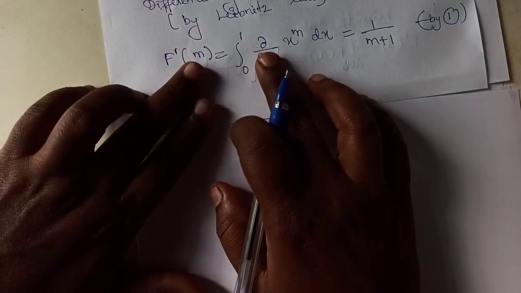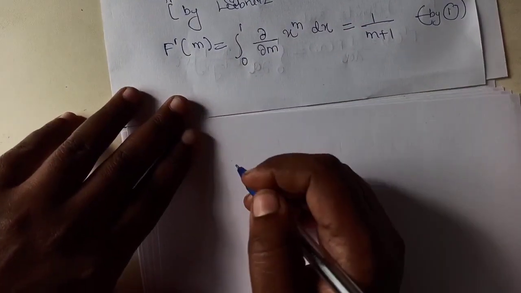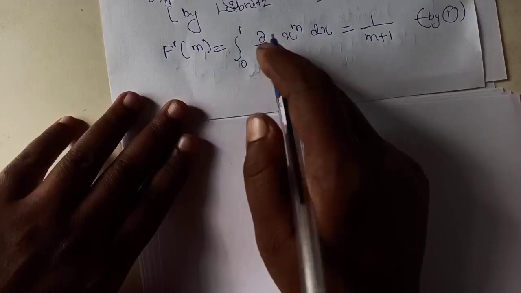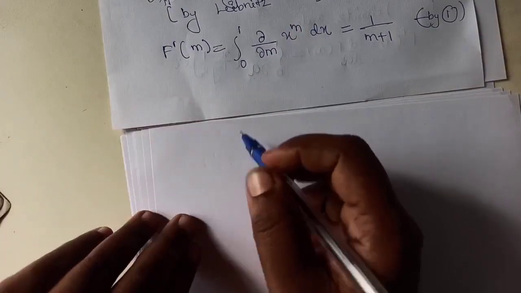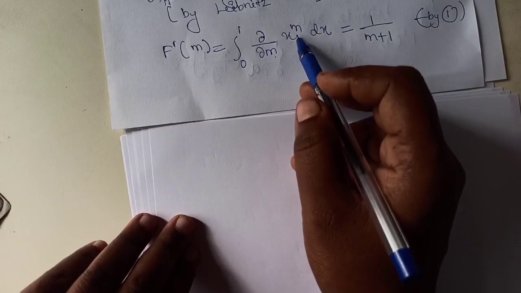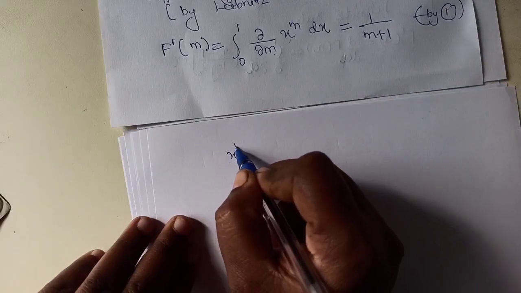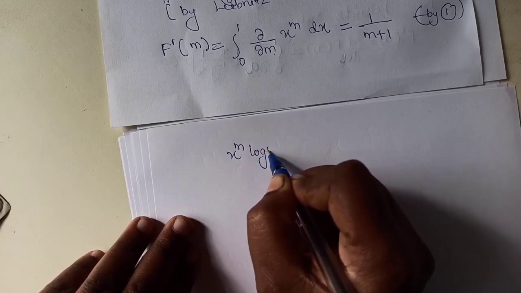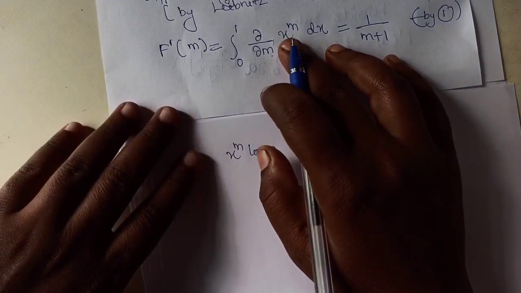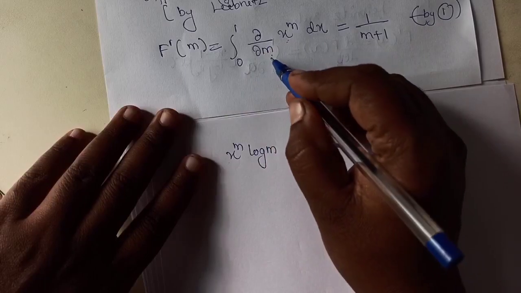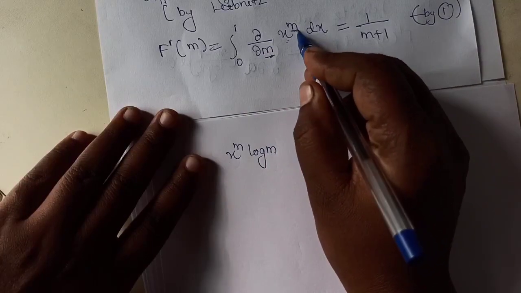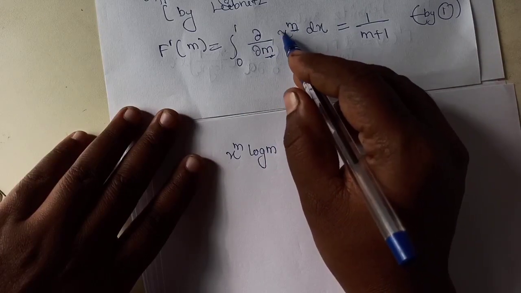So differentiating this one partially, we get x raised to m, differentiation with respect to m. Differentiation of x raised to m is x raised to m into log x, because it is in the form of a raised to x, and we are differentiating with respect to m, where m is the variable and x is a constant.